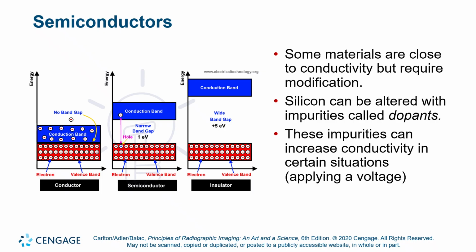Silicon is a semiconductor. Well, what the hell is that? If you adjust its conditions, it's got that middle conduction band, and you could get it to conduct electricity.